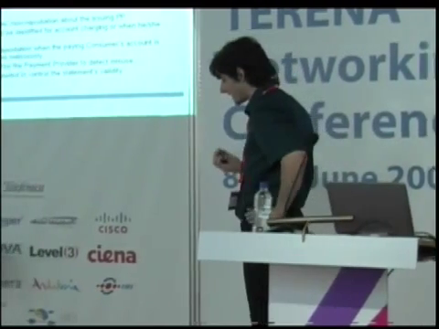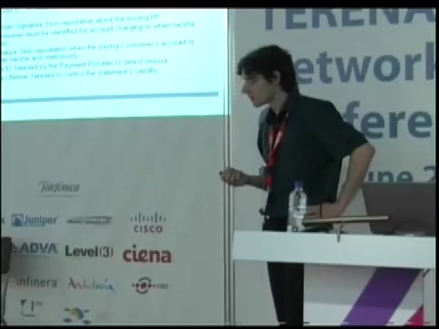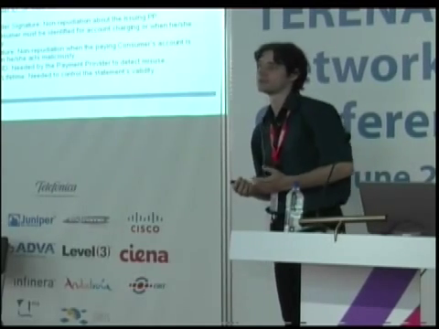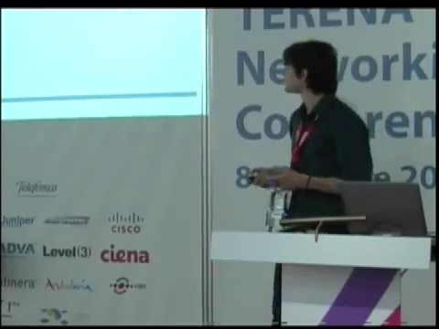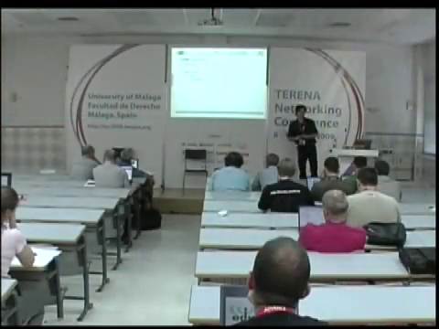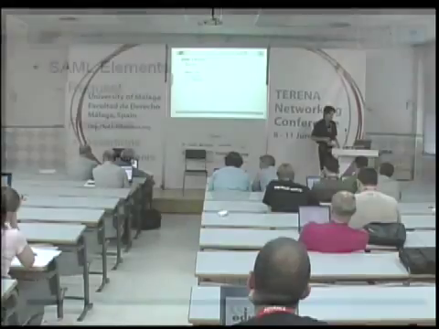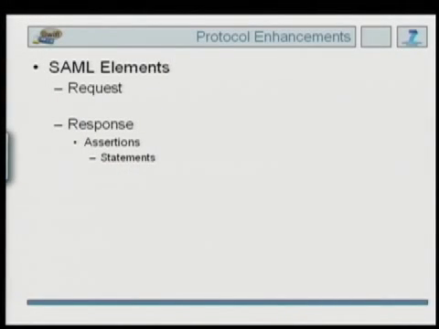And when I said in the beginning it would be good to use the federation protocol and its language, we must now focus on SAML, because this is used in many identity federations. Some SAML elements are the request and the response, and this response can contain assertions, and the assertions can contain statements.